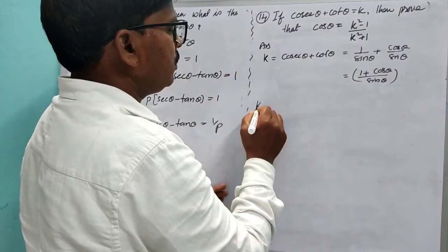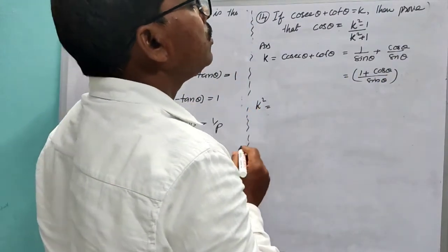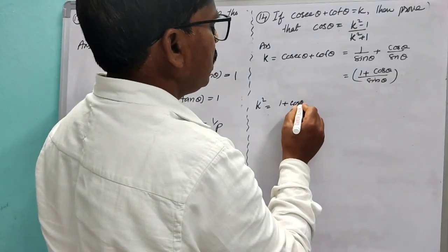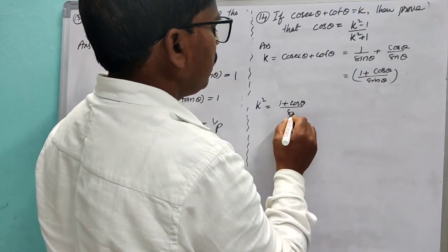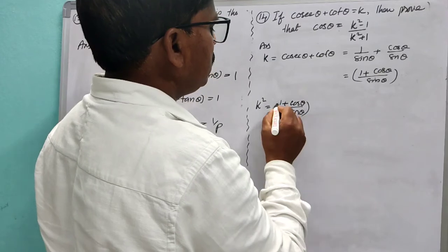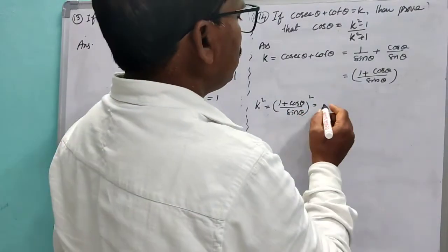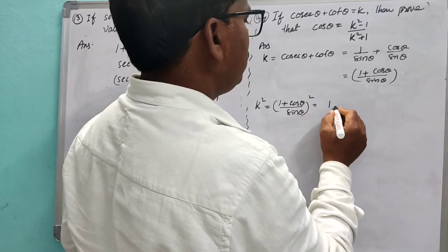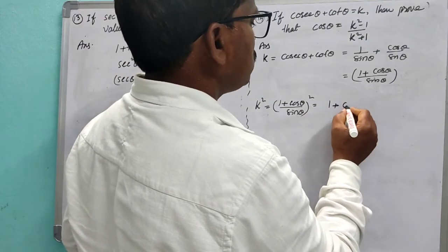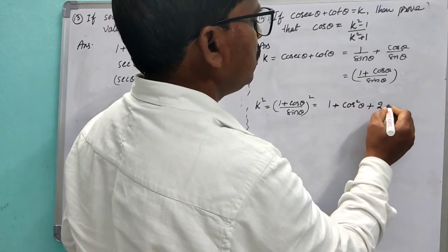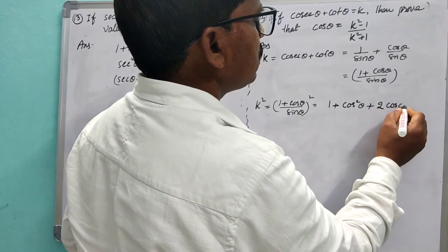Again k square is equal to this, 1 plus cos theta by sin theta whole square, which is equal to 1 square is 1, plus cos square theta plus 2 cos theta.